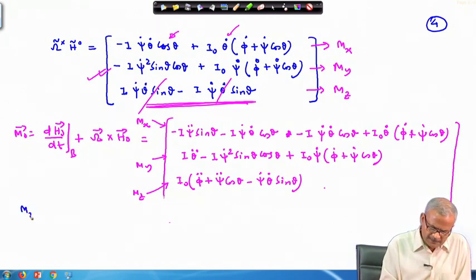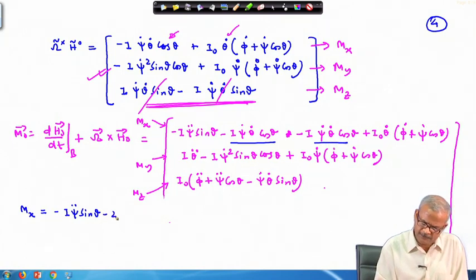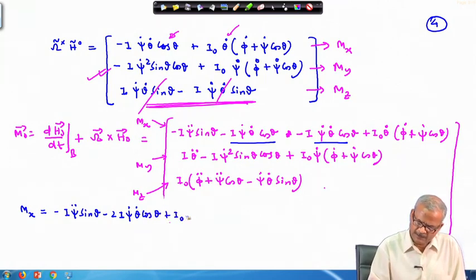So, we will wind up with m x equal to minus I times psi double dot sin theta, and these two will add together, which makes it minus 2 I times psi dot theta dot cos theta plus I 0 times theta dot times phi dot plus psi dot cos theta.